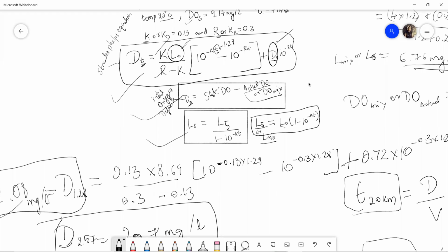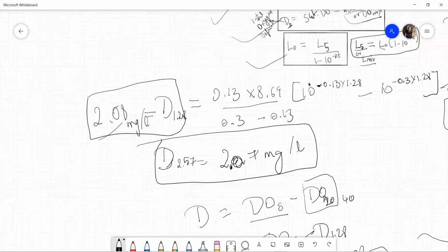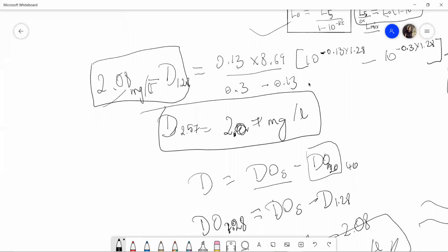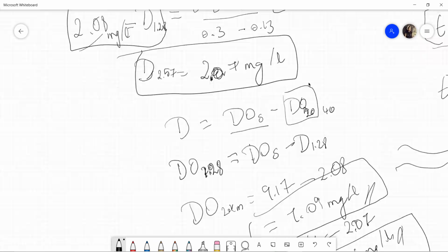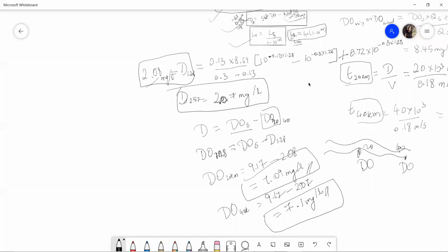Once you have found it, you directly substitute it in the formula: oxygen deficit is equal to saturation dissolved oxygen minus the actual DO at that particular point. You know the deficit and the saturation DO, so subtract and you'll get the actual DO. That's how you find dissolved oxygen at 20 kilometers and 40 kilometers.